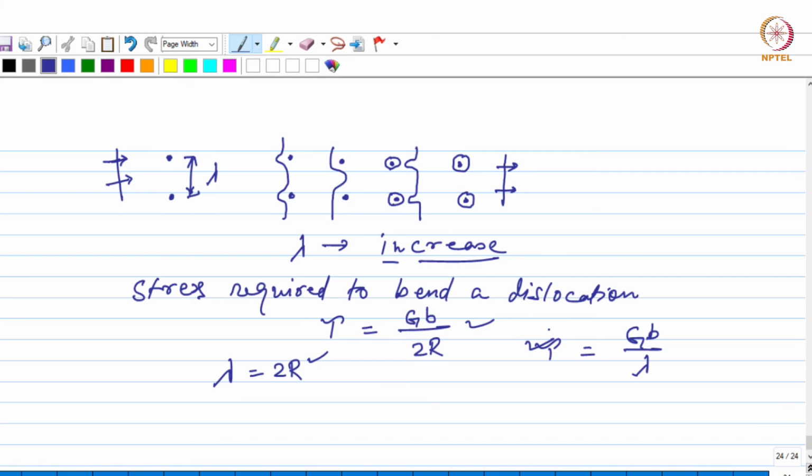Okay, so this is the mechanism or the explanation as to why the hardness decreases in the overaging period. Okay, when you go beyond the peak aging time.